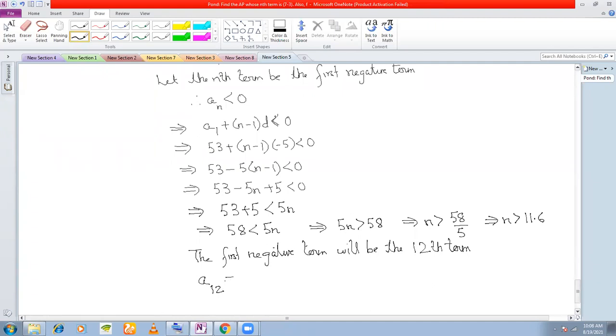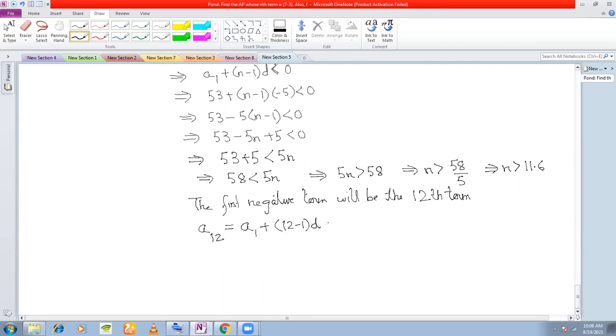A12, A1 plus 12 minus 1 into d. Put the values here. A1 is 53 plus 11 into d, which is minus 5. So 53 minus 55, which is equal to minus 2. So which one will be the first negative term? 12th term. And that negative term will be -2.